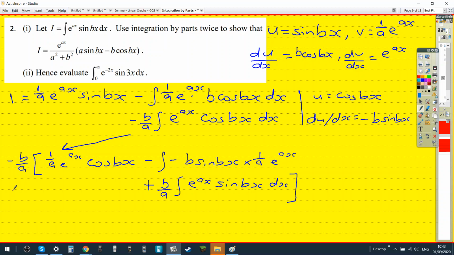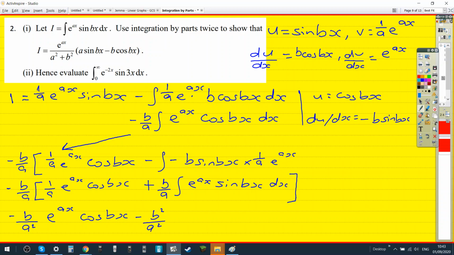Okay, what is next? Multiply by minus b over a. Yeah, because then you'd have minus b over a squared, and then minus b squared over a squared, the integral of this.